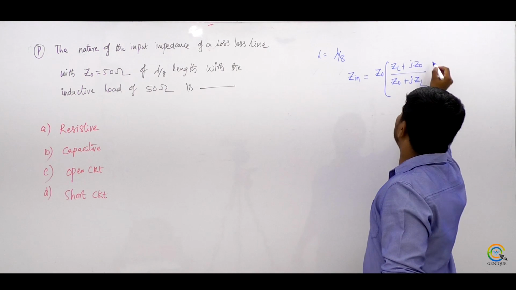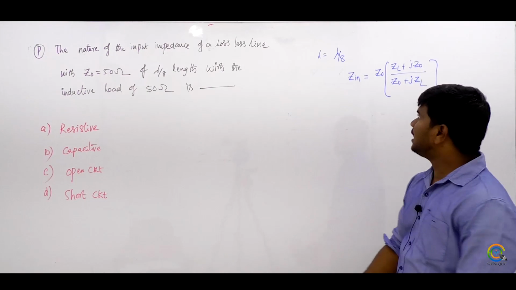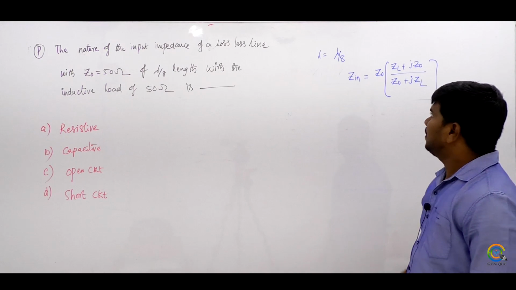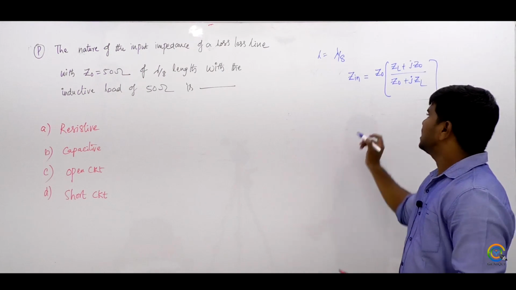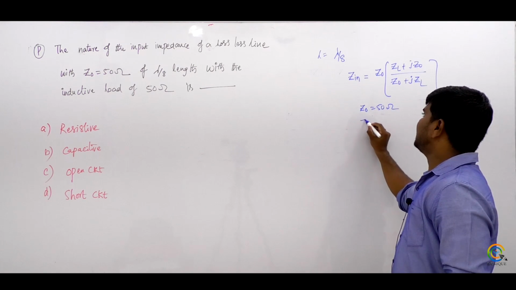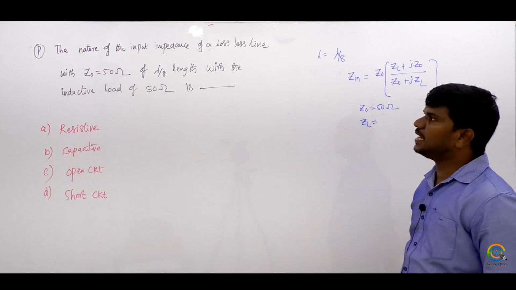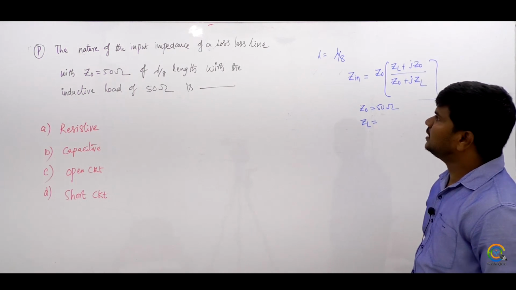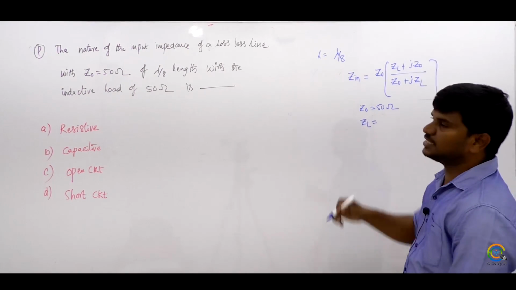You have to remember this for a lambda by 8 length. Z0 is given, Z0 is equals to 50 ohms. Z0 means the characteristic impedance.